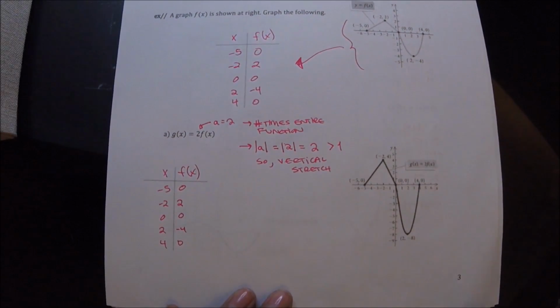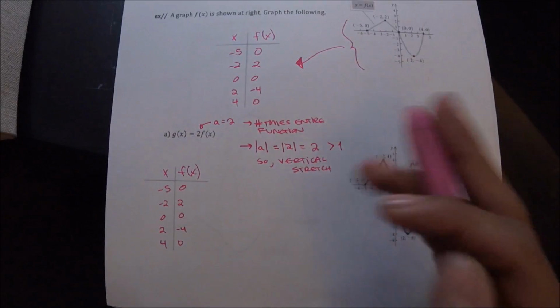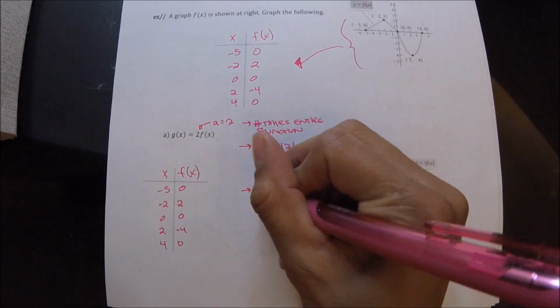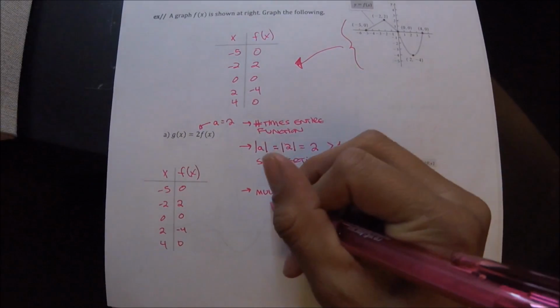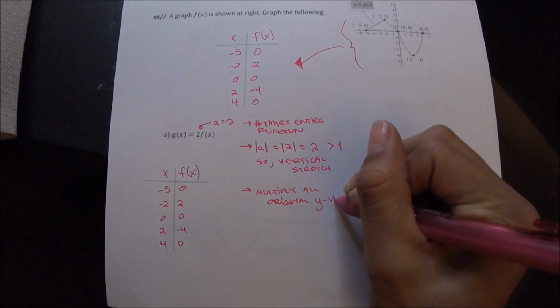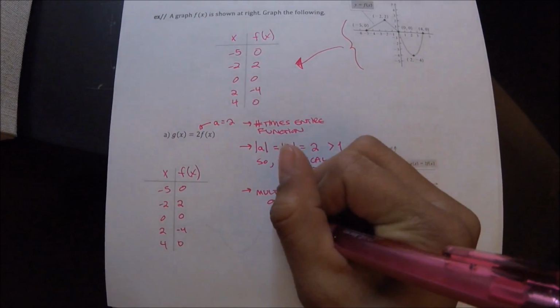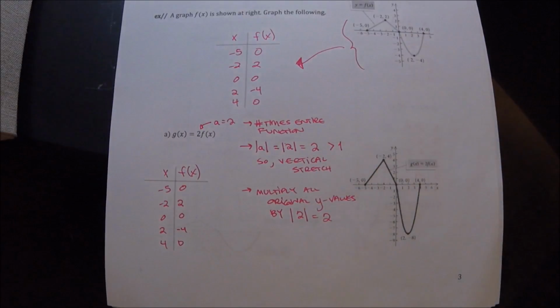Well, we just found that the absolute value of a is 2, so what we need to do is multiply all the original y values by the absolute value of 2, which is 2.